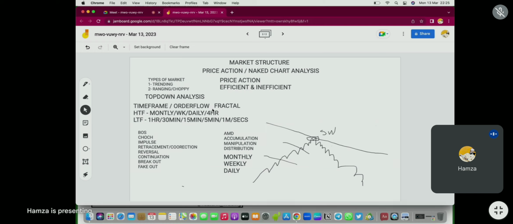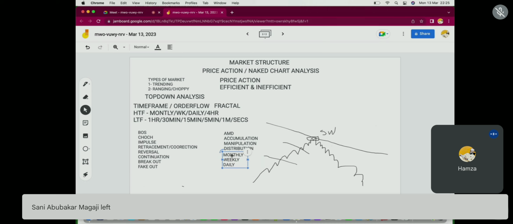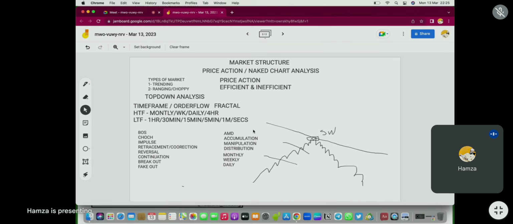Which of course, with your knowledge of market structure, price action, you would be able to most of the time speculate right. Because there are times you'd be wrong, but the point is to be right once in a while. With a good risk to reward, you'll be okay. So yeah, I hope, guys.